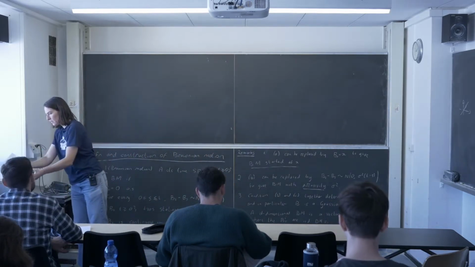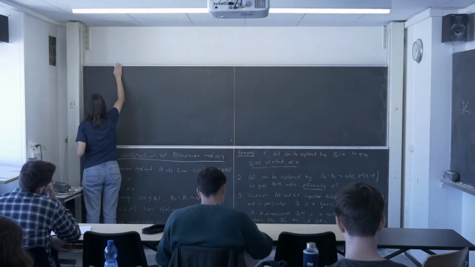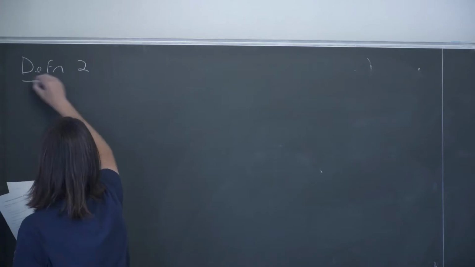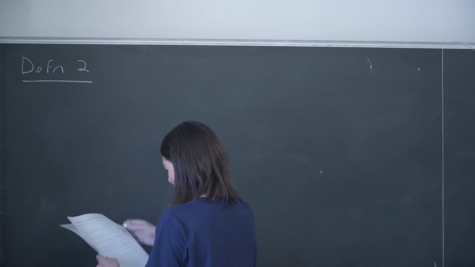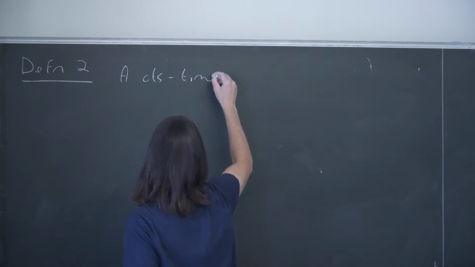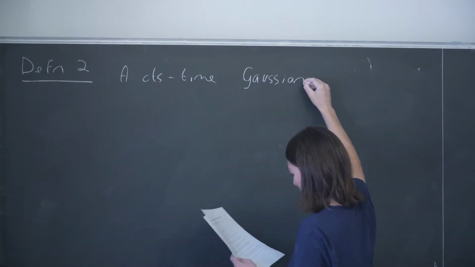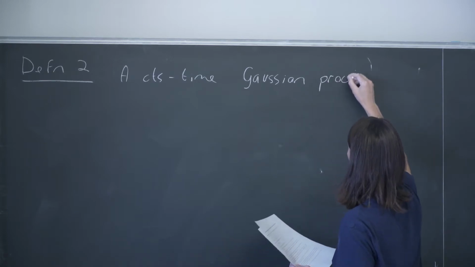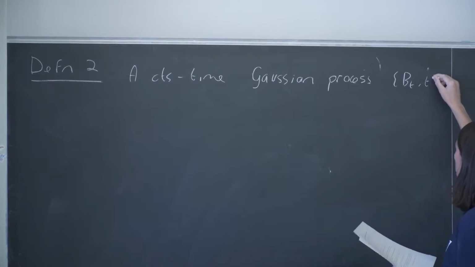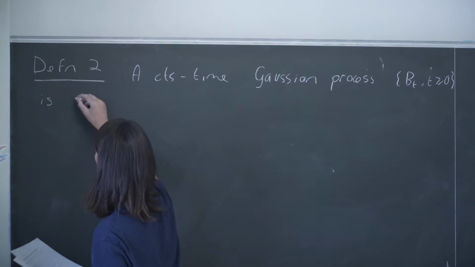Okay, so here's our second definition. A continuous time Gaussian process Bt is a Brownian motion.